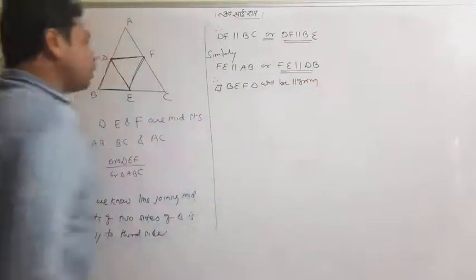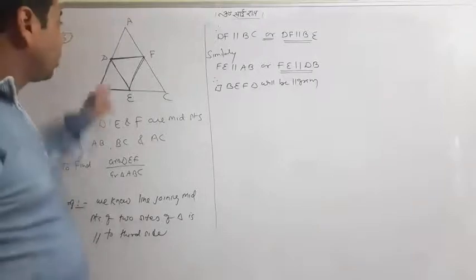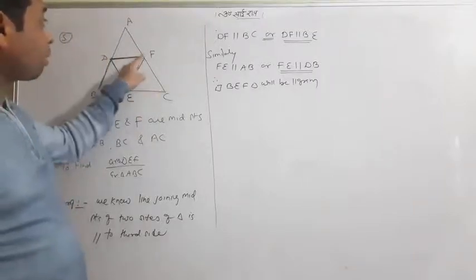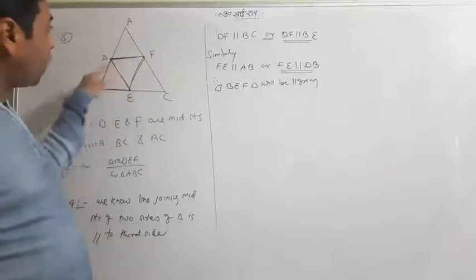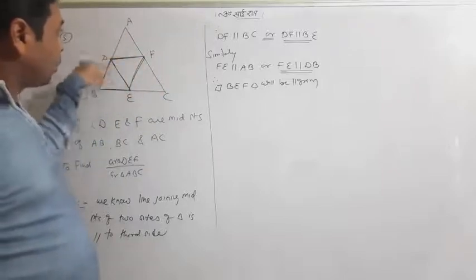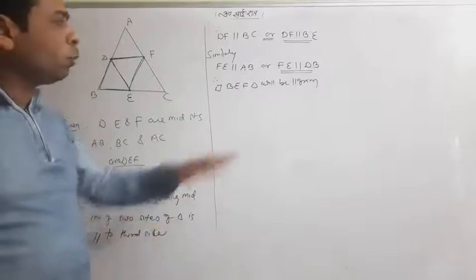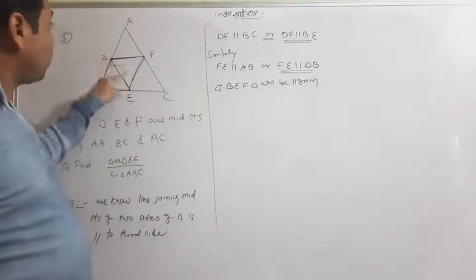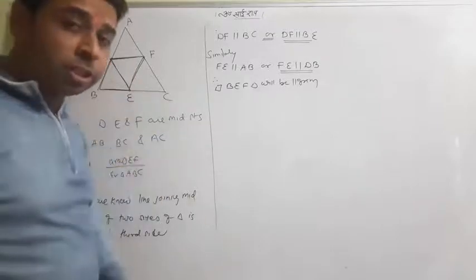So student, one can find lots of parallelograms in it. BEFD parallelogram, DECF parallelogram. Wherever you find this kind of picture, all are going to be parallelograms. But only we have proved BEFD is a parallelogram.